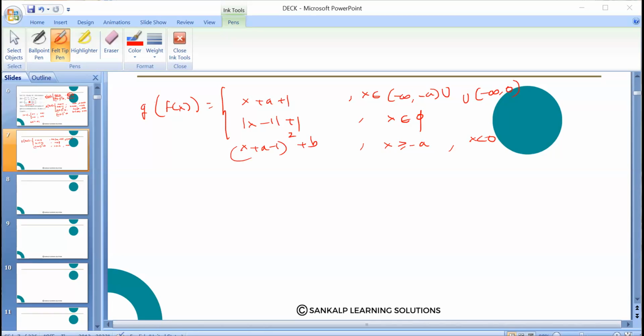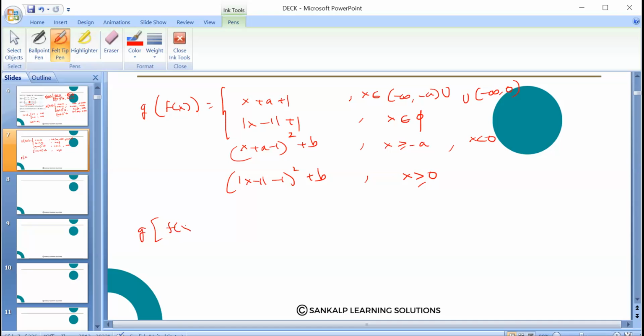Then the last one, x is greater than or equal to 0. It is mod of x minus 1 whole square plus b.